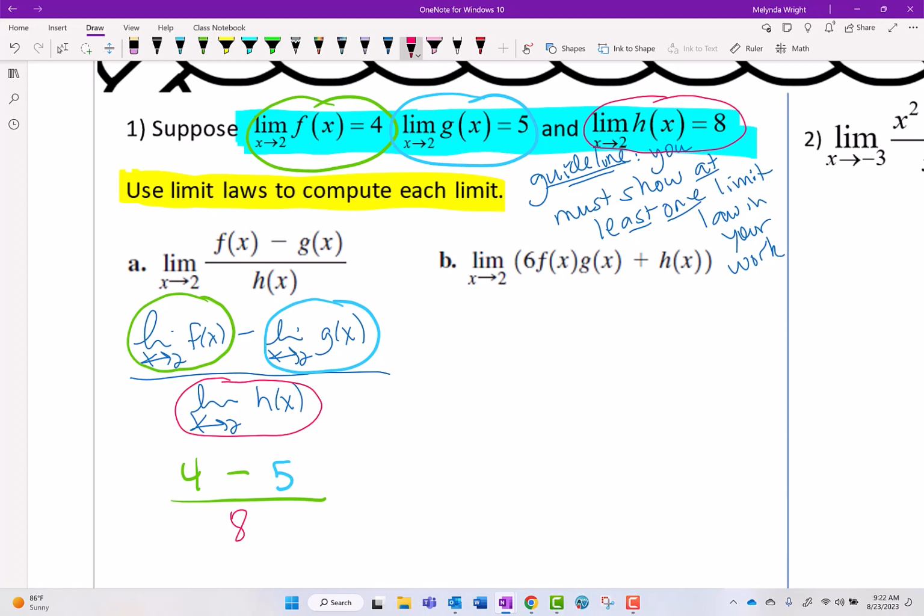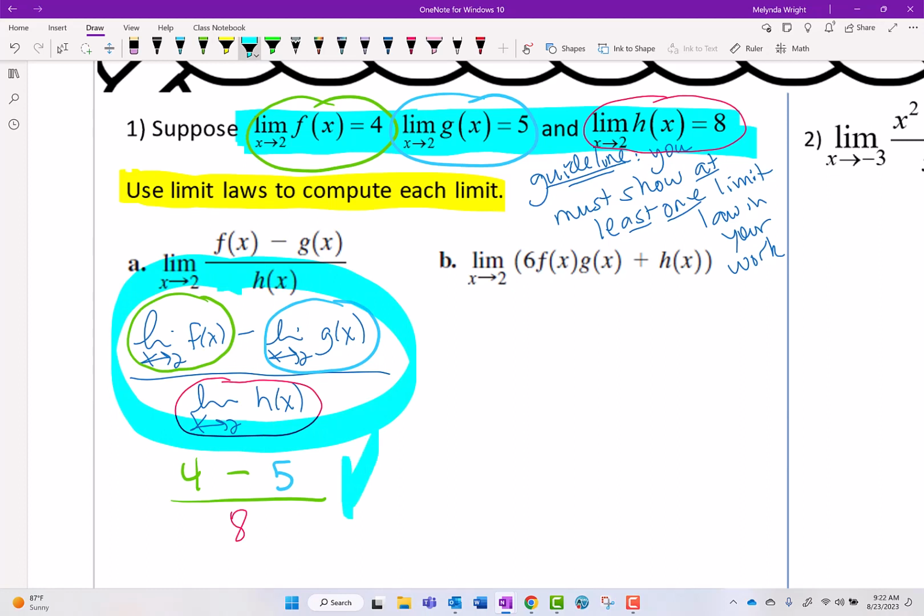So the danger in this is we get so comfortable with it that some students, I know probably nobody in this room, would forget to write this part. And this part is critical. You got to write that part. You can't just jump to the numbers. Even though you can see what the numbers are, you cannot just jump to the numbers. You have to write it.